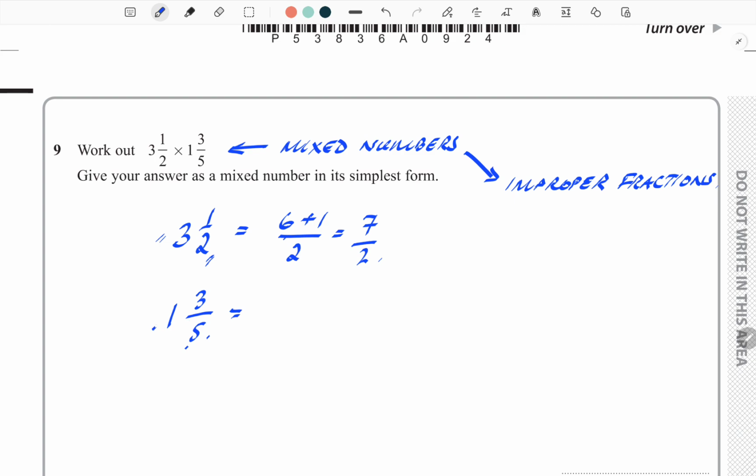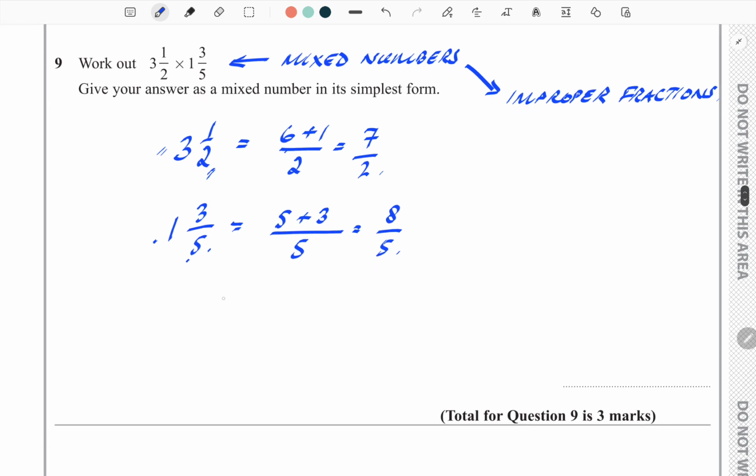So you put 5 times 1 is 5 plus 3 over 5, so 8/5. And then when you multiply that, you've got 7 over 2 times 8/5. So let's just make it simple: 56 over 10. And you can divide both by 2, 28 over 5.